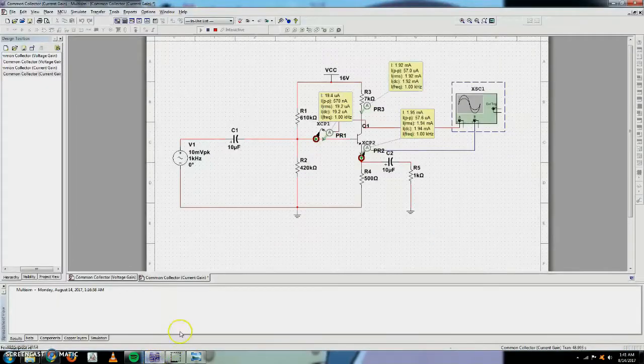So going to the simulations, we can see that at the input, the current here is 19.2 microamperes, and at the output is 1.94 milliamperes.